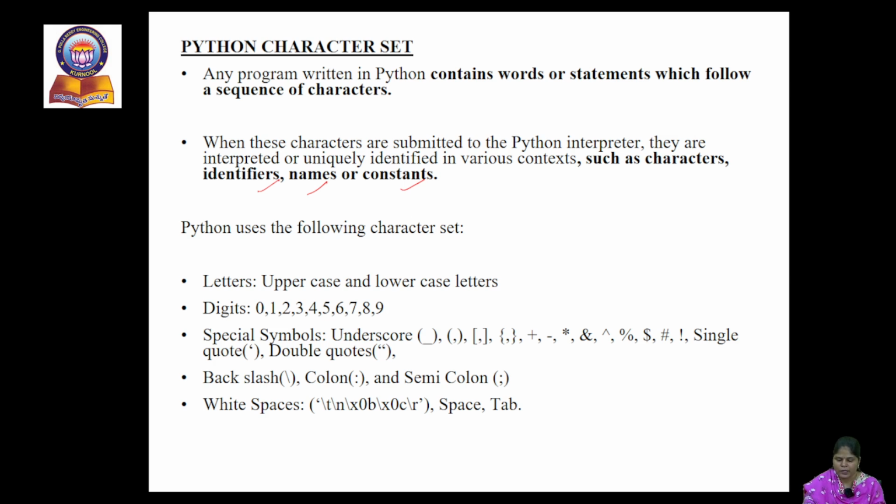So the Python character set mainly includes letters. Both uppercase and lowercase alphabets can be used, and the digits from 0 to 9. Ten digits can be used, along with positives, negatives can also be used.